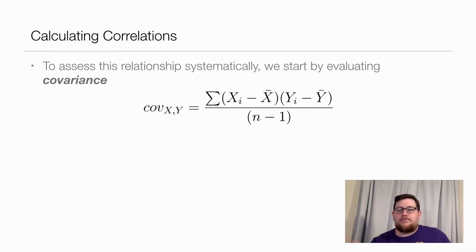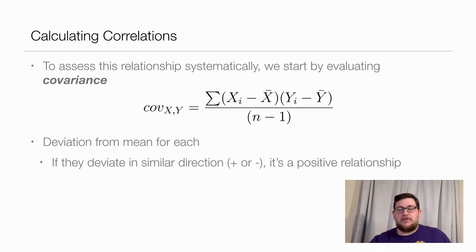Okay, so what does this mean? Well, it's the deviation from the mean for each. We're familiar with that when it comes to standard deviation in each individual variable. Now we're just looking at two variables. If they deviate in a similar direction, think about what that would mean. If something is below the mean of x and below the mean of y, they're both negative. If something is above the mean of x and above the mean of y, they're both positive. In both cases, multiplying them together, you'll get a positive numerator.